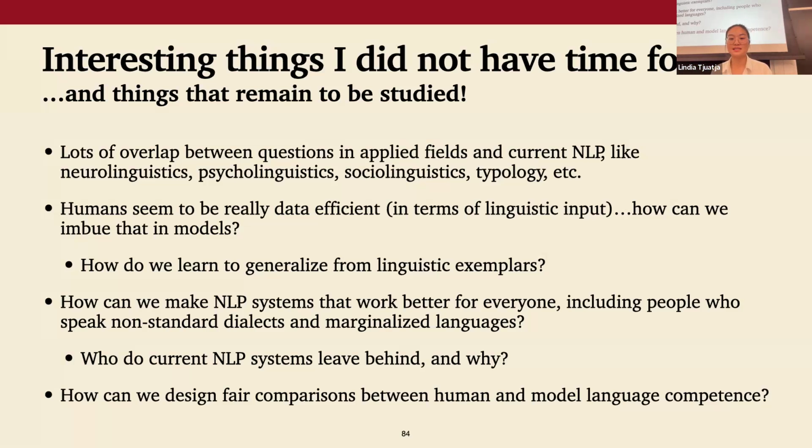Another one is very broad. How can we make NLP systems that work better for everyone, including people who speak non-standard dialects and marginalized languages? So in sociolinguistics, the type of variation that you would have in communities and across communities is something that's studied.